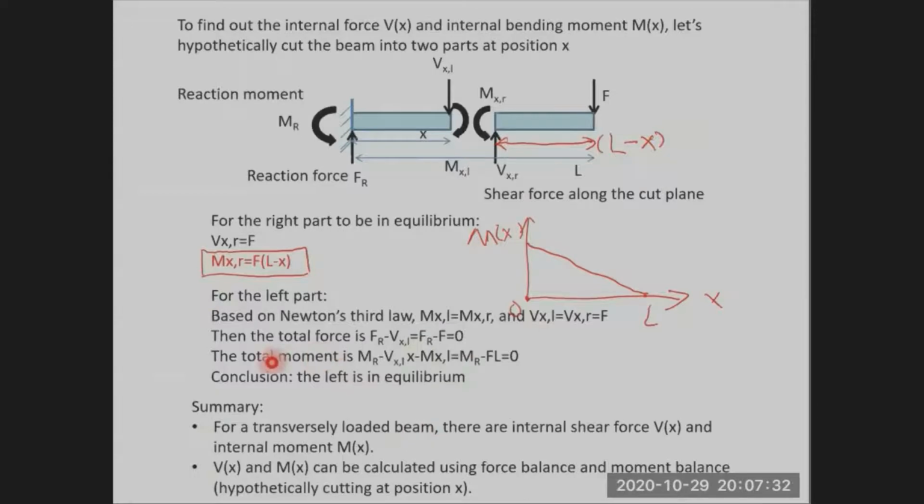And we can also verify this result by checking the left part. Let's see if the left part is also in equilibrium. Based on Newton's third law, MxL, the internal bending moment applied to the left plane, must be equal to MxR.